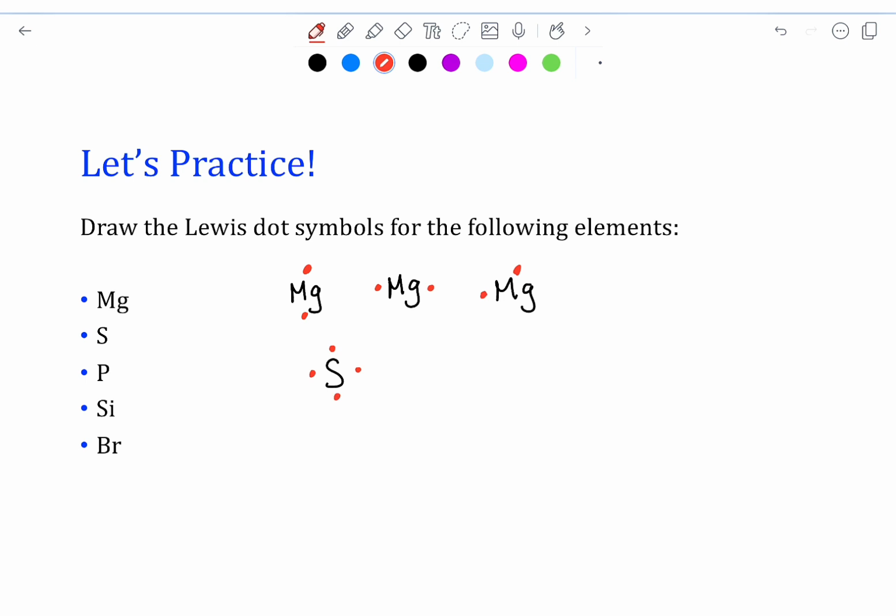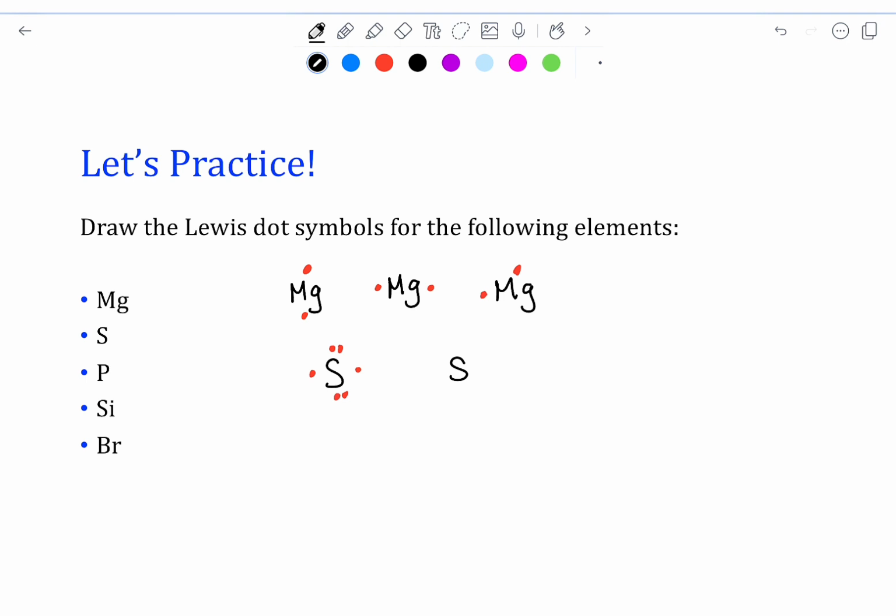So, my first 4 electrons I have unpaired. Since I have nowhere else to go, my final 2 electrons are going to have to pair up. So, I'm going to do 5 and 6. So, my sulfur has two sets of paired up electrons and 2 sets of unpaired electrons, and I'm still showing all 6 of my valence electrons.